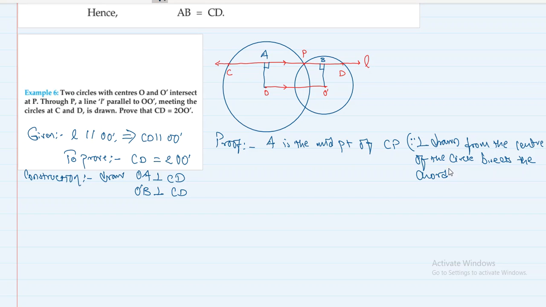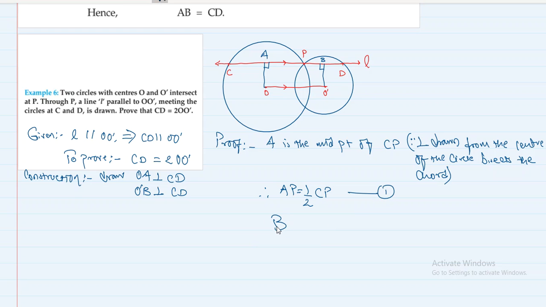Okay, so A is midpoint of CP. Therefore, we can say that AP is half of CP. Number 1.